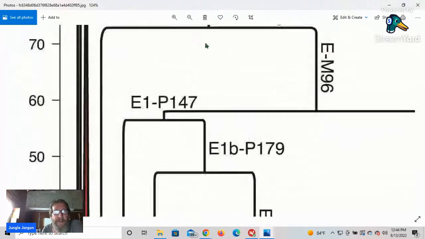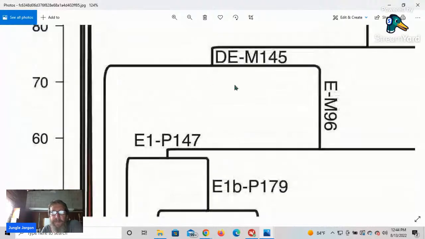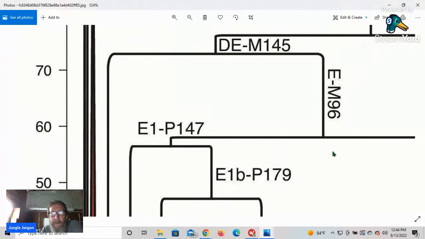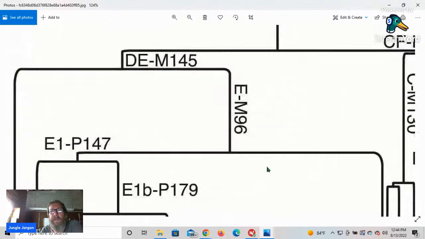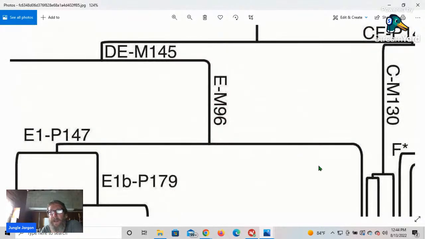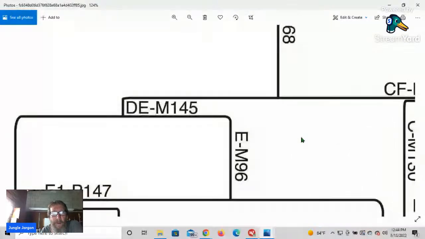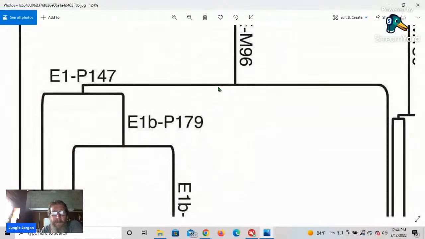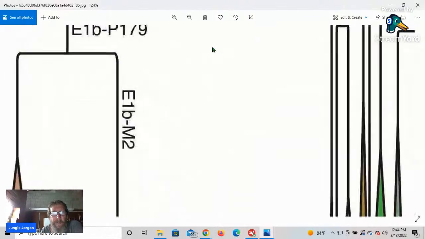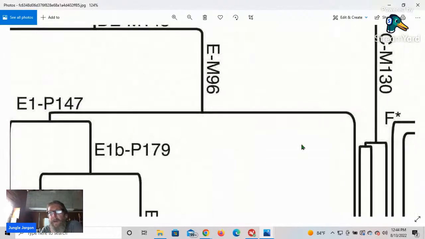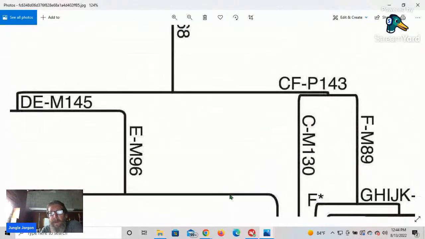But if there's comments anybody has to make, or any clarifications or any updates that I find, I'll add them as well. But this is older information, and these charts are sometimes contradicting each other, so we have to make sure we have the right information, and we'll figure it out.